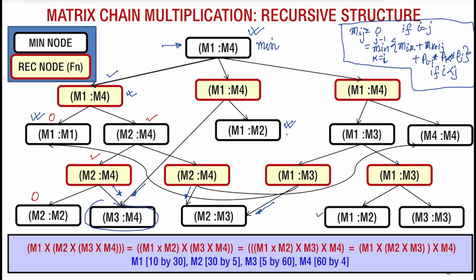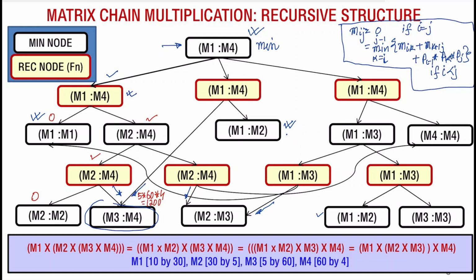M34 is almost a base condition because it is two direct multiplications, and given M2 is a 30 by 5 matrix, M3 is a 5 by 60 matrix, and M4 is a 60 by 4 matrix, this computation will be 5 into 60 into 4, which is 1200.